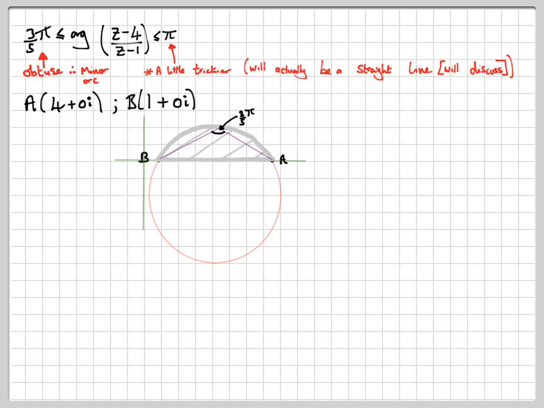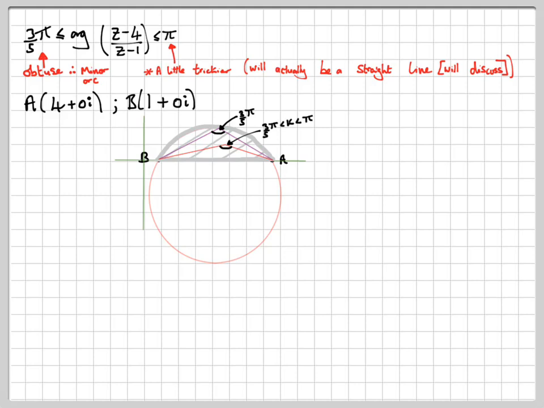First of all, if I make an angle on the upper boundary as shown, then it should be fairly obvious just by looking at it. The angle I have is an obtuse angle, and if I was to move that point around, then it would always be 3 pi upon 5.